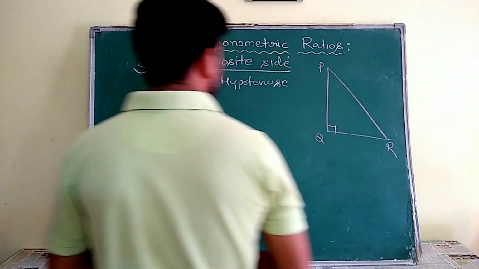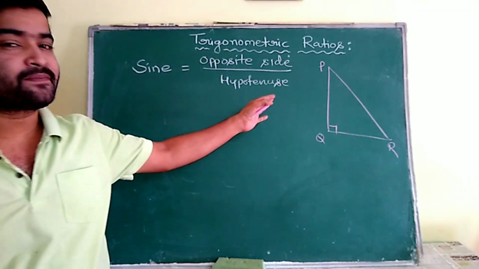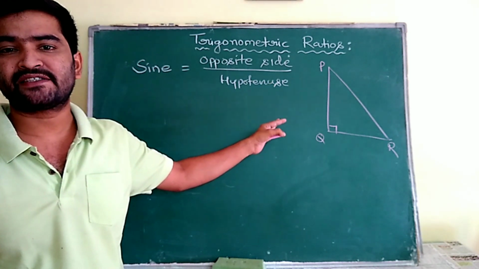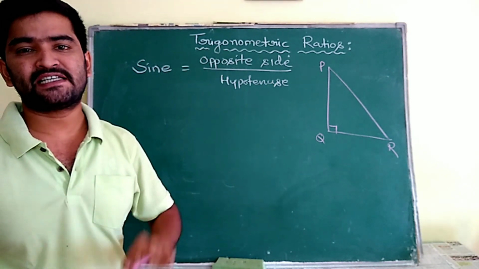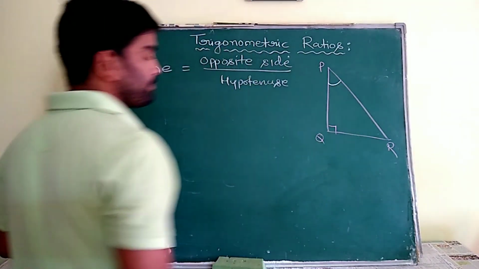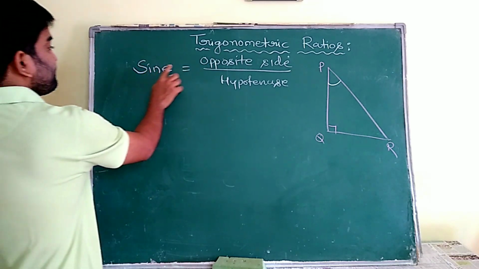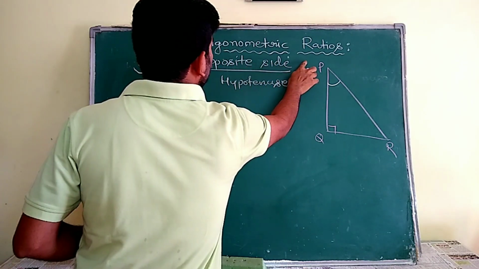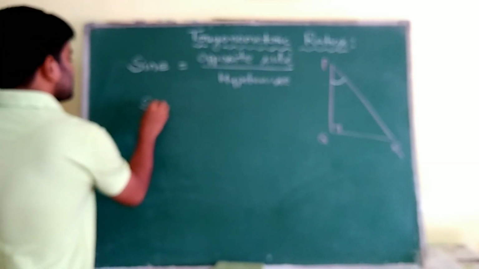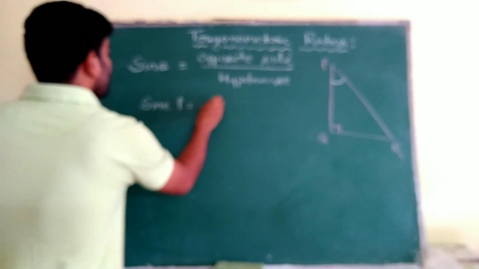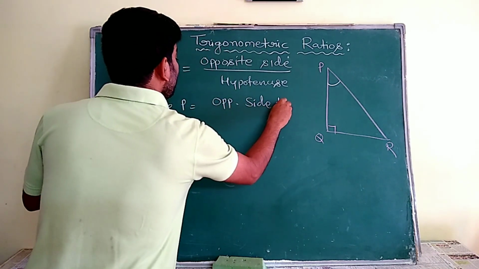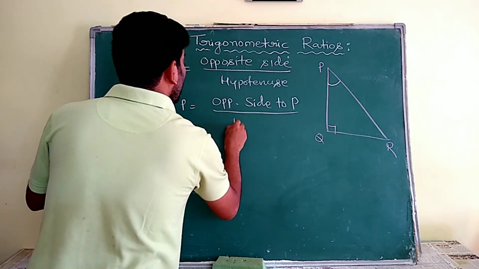With respect to which angle we are going to form the trigonometric ratio sine, we have to first decide. So, I want to write the trigonometric ratio sine with respect to P. Then, sine P is opposite side to P by hypotenuse. Sine P is equal to opposite side to P by hypotenuse.